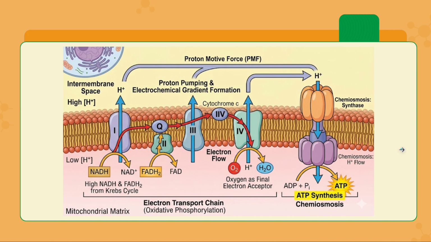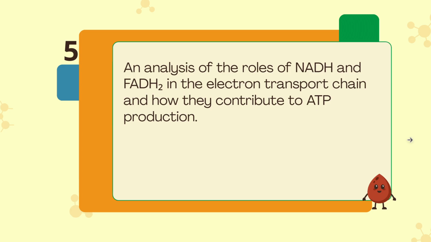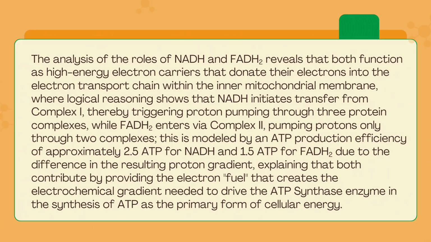And then the next question: an analysis of the roles of NADH and FADH2 in the electron transfer chain and how they contribute to ATP production. The analysis reveals that both function as high-energy electron carriers that donate their electrons into the electron transport chain within the inner mitochondrial membrane.